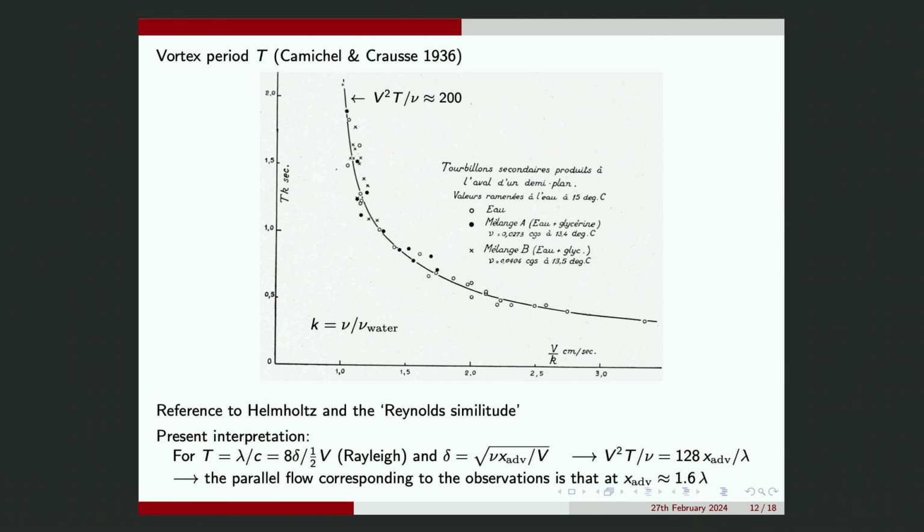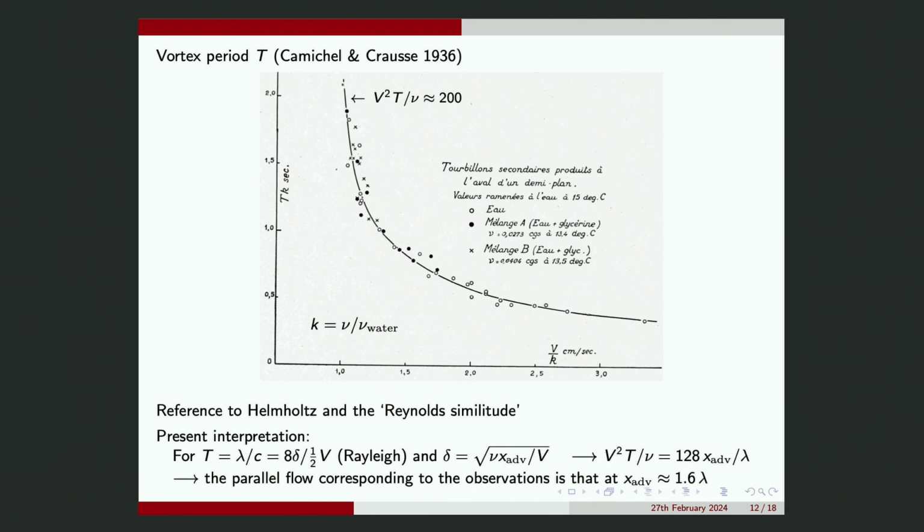And so this was published in the thesis of Etienne Cross, and also in the notes to the Academy, to the French Academy of Paris. In these papers there is reference to Helmholtz and to the Reynolds similitude, but no physical interpretation.